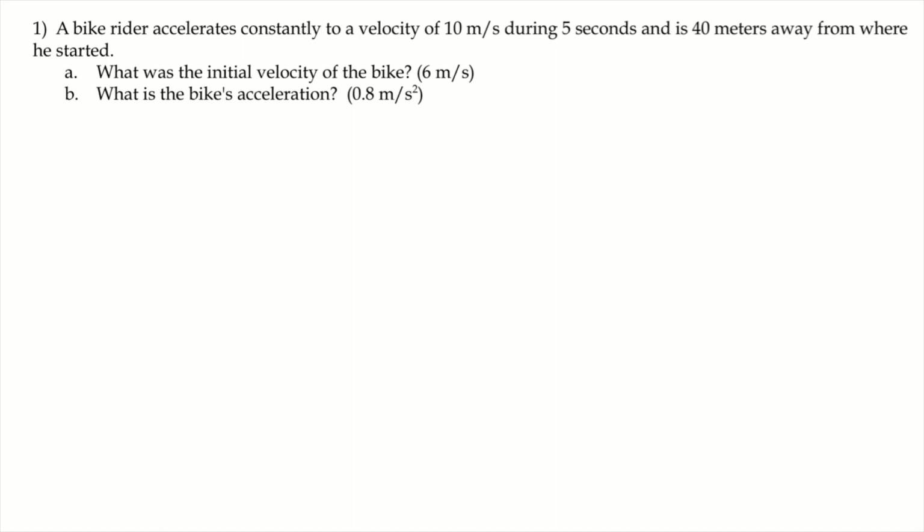When you do this, remember you're always trying to identify 3 variables that are provided or given to you. For example, in this problem, we have our bike rider. We don't know how fast they're moving to begin with. That's unknown, so we'll say V initial is unknown.